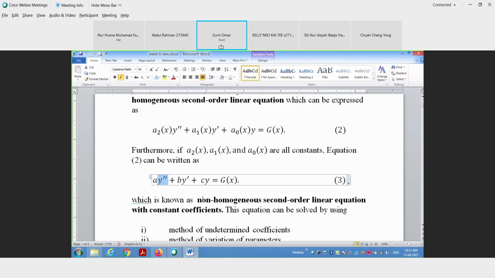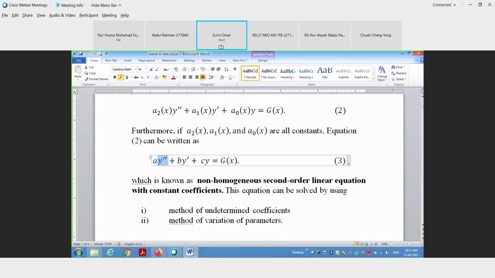To solve this, today we will learn two techniques. The first technique is called the method of undetermined coefficients. The second one is called the method of variation of parameters. There are actually more than these, but these are the well-known ones.